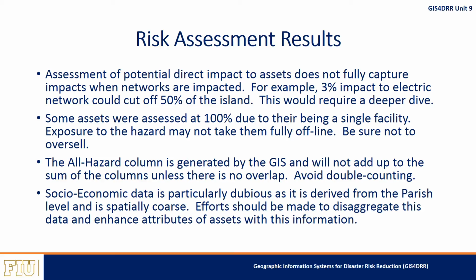So those specific areas would need to be studied with some level of detail. The all hazard column, as I mentioned, you want to avoid double counting. And socioeconomic data is particularly dubious as it's derived at the parish level, so it's spatially coarse. It needs to be disaggregated further to be meaningful.